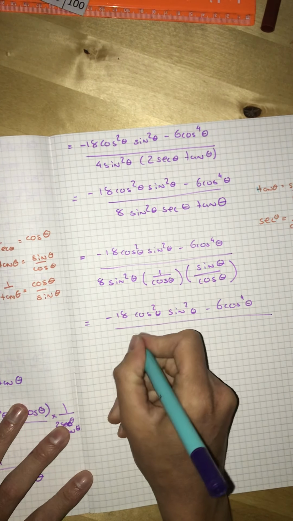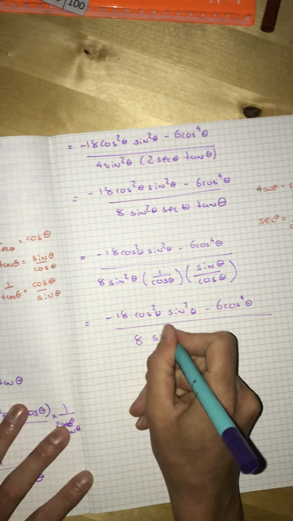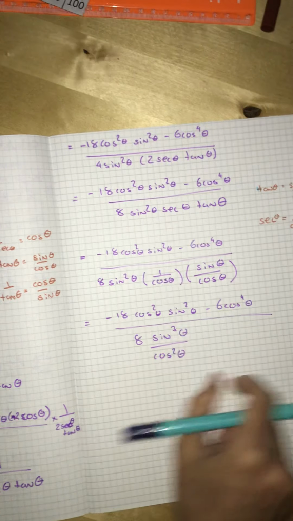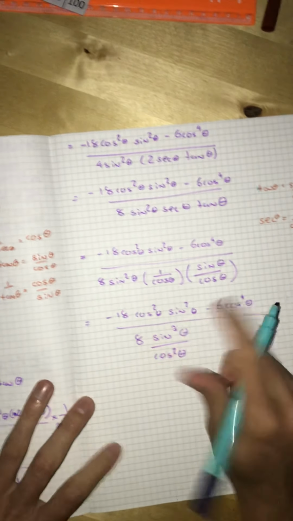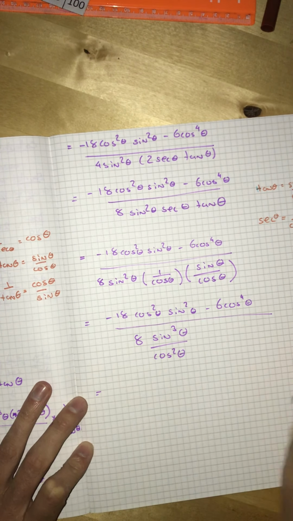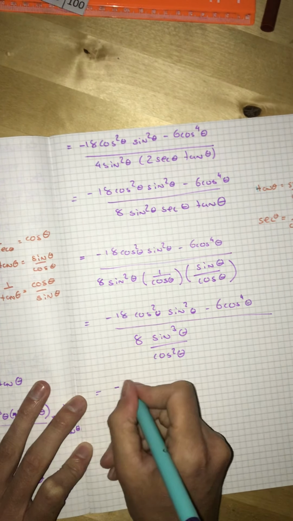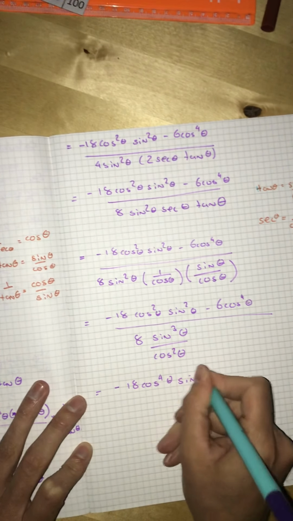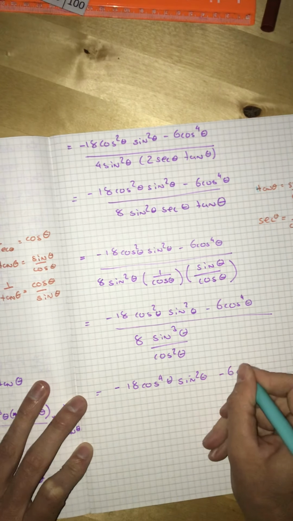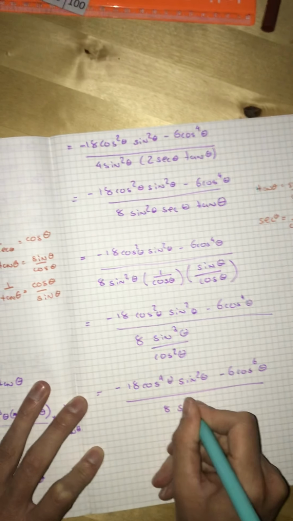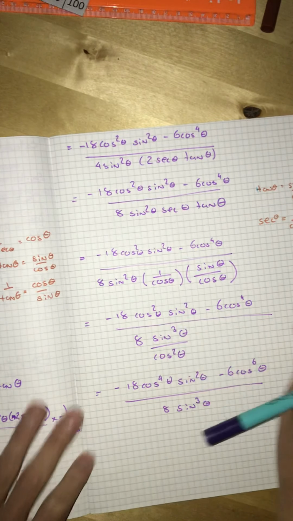Sine squared, so it's going to be 8 sine cubed theta all over cos squared theta. So we're dividing by that, so it's going to be times by the reciprocal, so the cos squared is actually just going to come up onto the top. Yep. So we get negative 18 cos to the power 4 theta sine squared theta minus 6 cos to the power 6 theta all over 8 sine cubed theta, because that would flip.